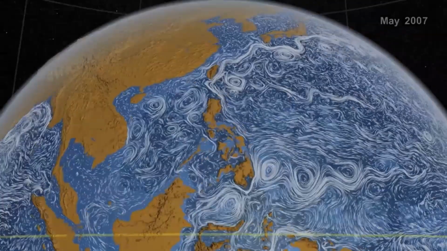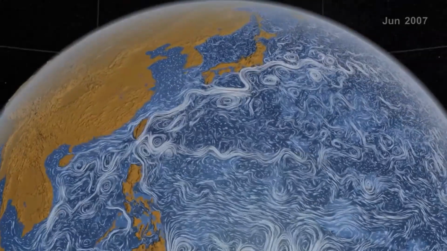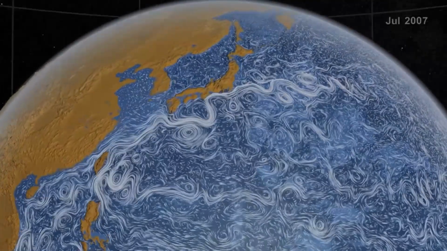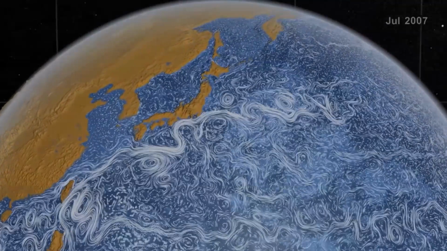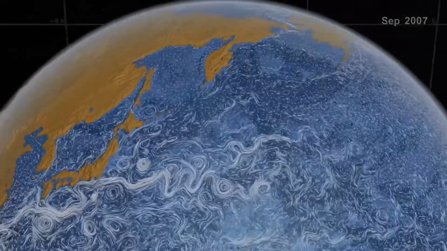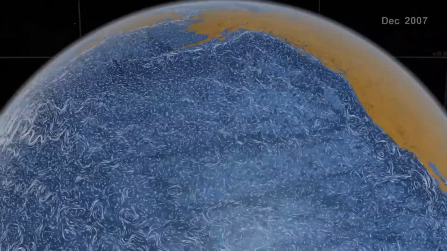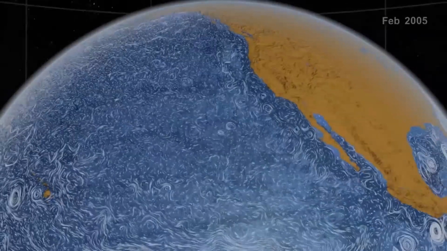Philippines. So you see that the current flow is something like this. So it's moving upwards around this way. That's why the Fukushima water is not coming to Korea directly. All right.